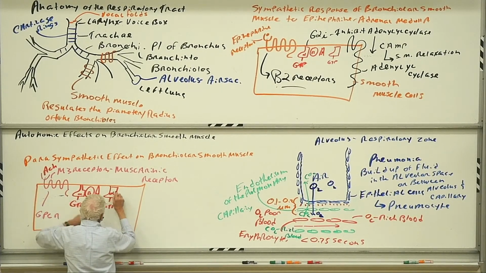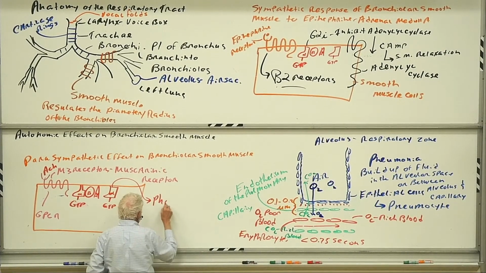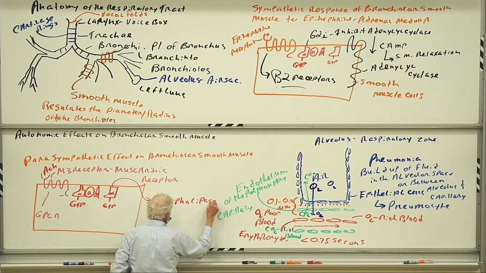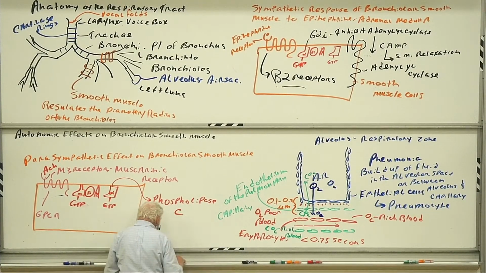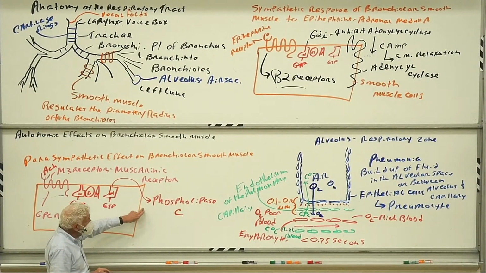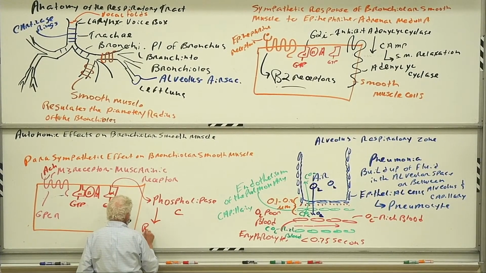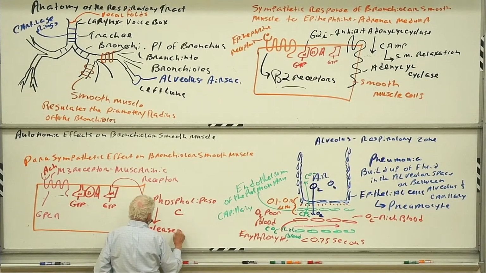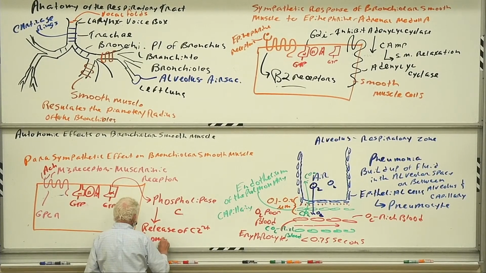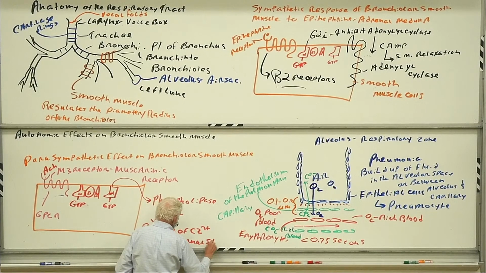And this alpha subunit goes out and activates a protein called phospholipase C. I'm not going to go through all of the steps, all the pathways, but suffice it to say that phospholipase C gives rise to the release of calcium from internal stores.